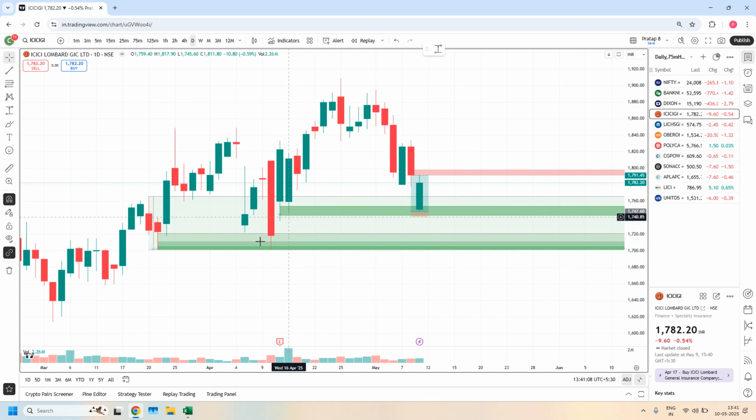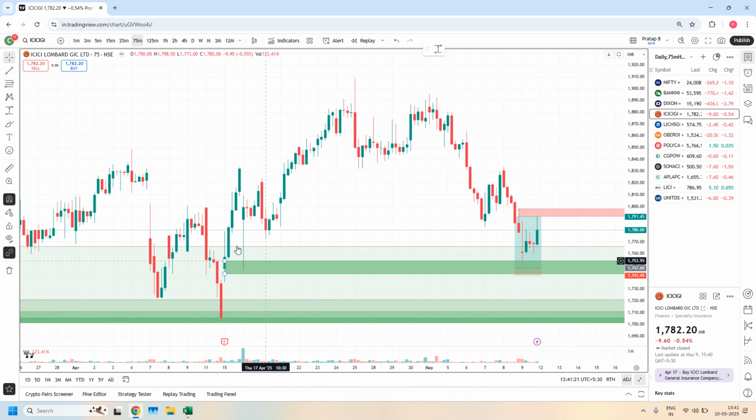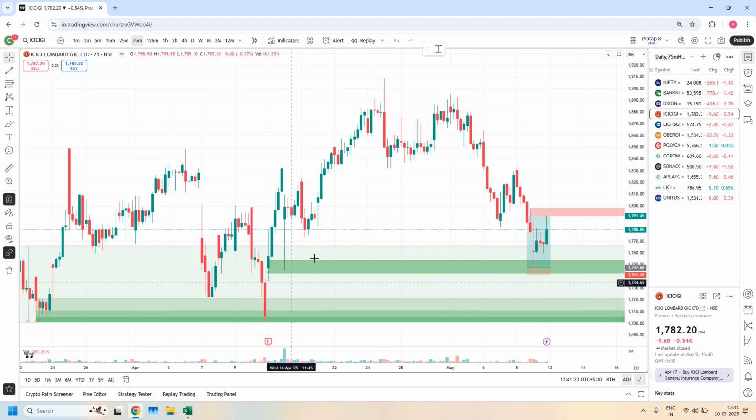Previously, we discussed ICICI GI. So this is having a rally, 3 base candles and a rally, a daily zone. This daily zone is fine-tuned with the 75 minutes time frame. But here we don't have a proper 75-minute zone in this area. But here we have a drop, 3 base candles and rally.